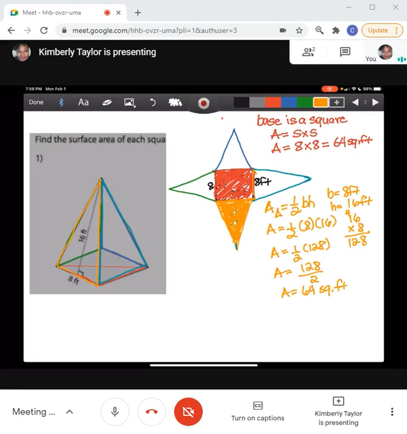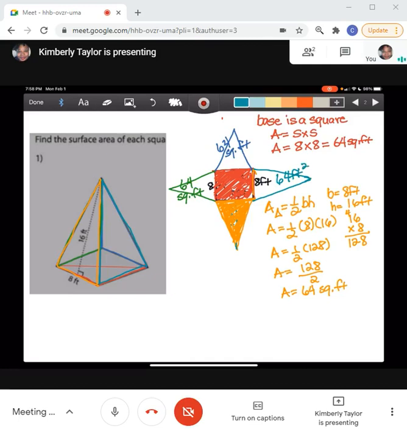So the green one is going to be 64 square feet, and so is the blue one. And this teal color is 64 square feet.